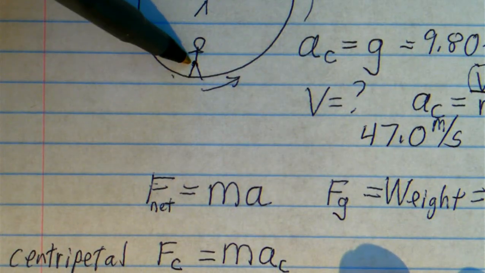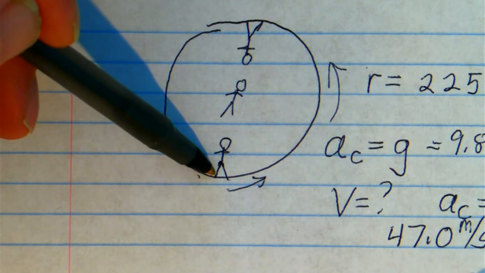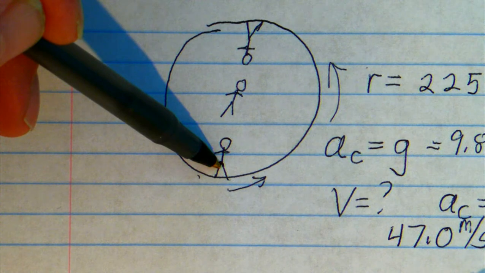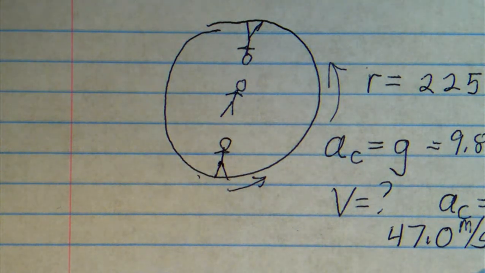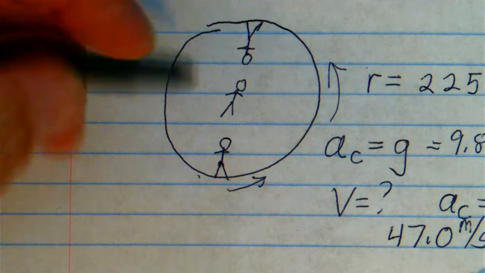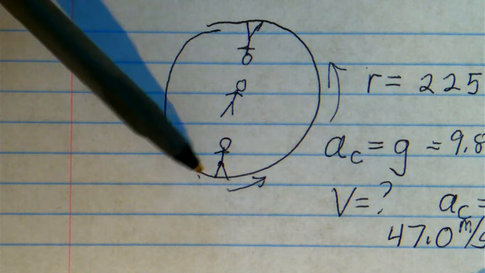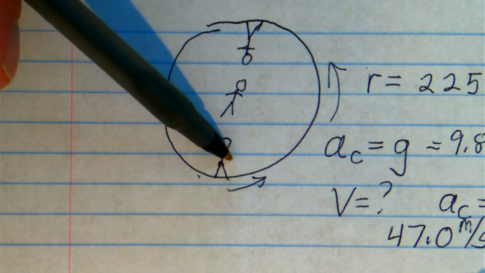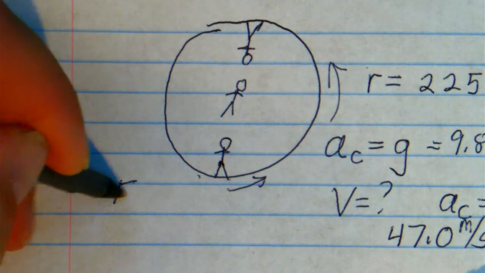The point I'm trying to make in terms of physics is that it's the wall pushing against you that provides the centripetal force that we need. And the force that is perpendicular to two solid surfaces in contact with each other is called the normal force.